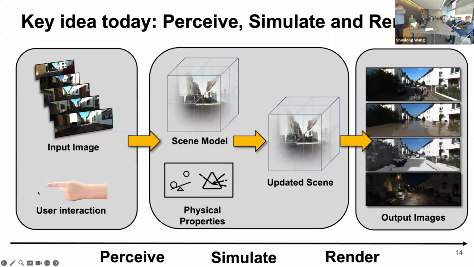And then we will use existing physical simulators, or build new simulators, to update our scene to reflect the full state change within our scene model. And then we'll leverage either generative modeling or physics-based rendering to create realistic video footage and compose that with our existing observations. So we call it perceive, simulate, and render.